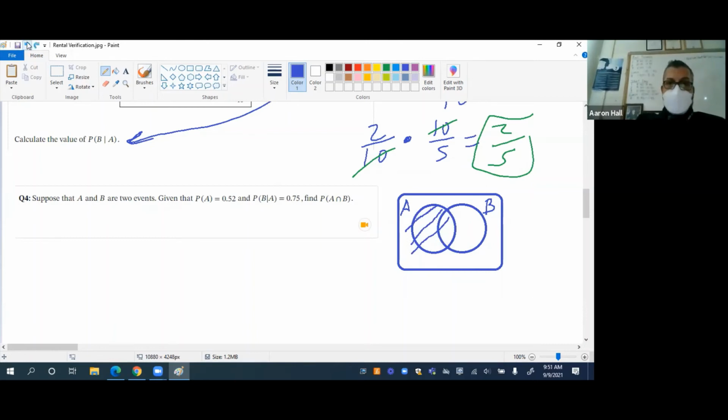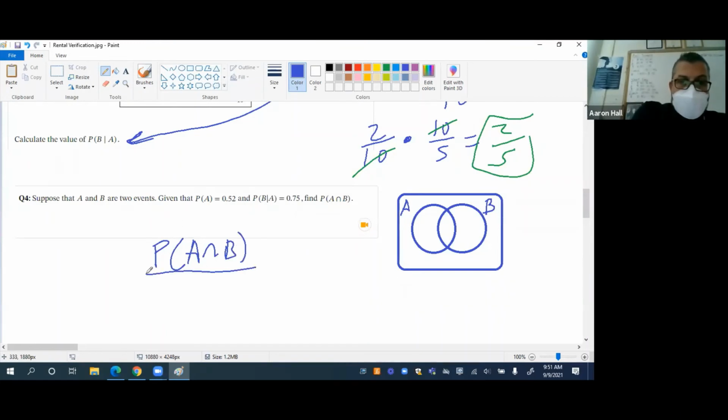So we're going to write our equation: the probability of A and B over the probability of A is the same thing as the probability of B given A. And so what is that?